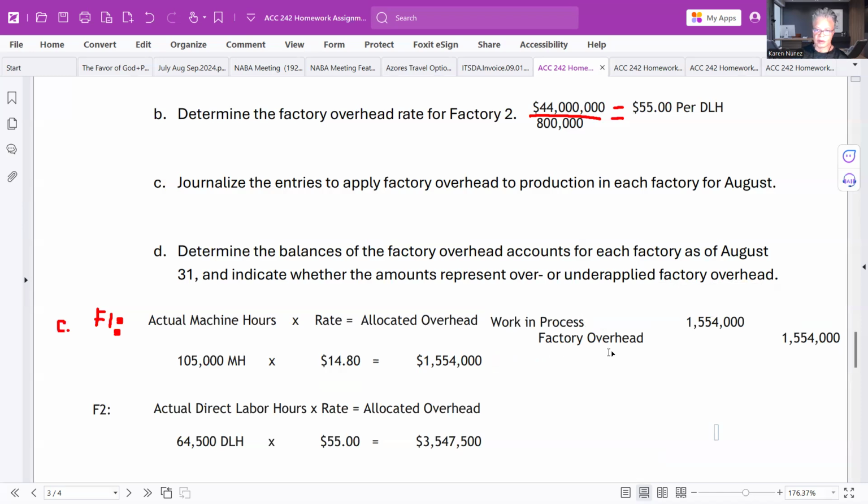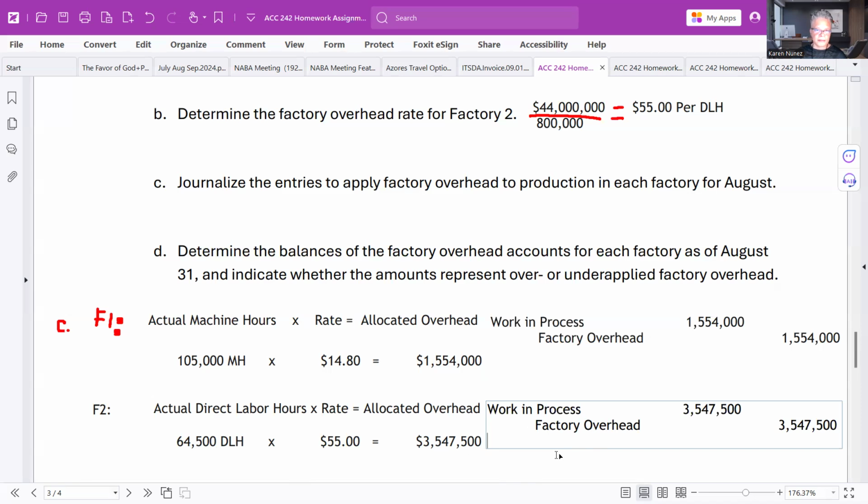Debit work in process, credit factory overhead. Same thing for factory two. We're going to make sure that we assign that overhead that we just calculated to work in process. So we debit work in process for the factory overhead we allocated, credit factory overhead.